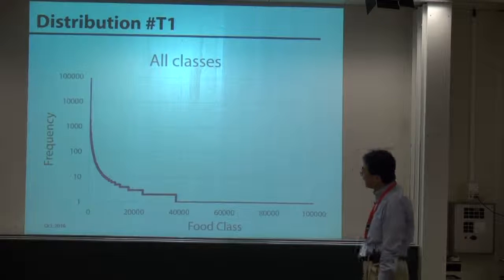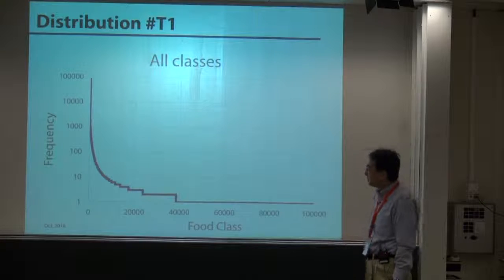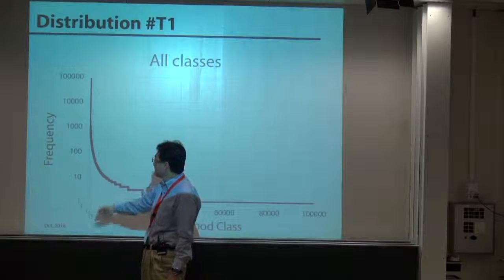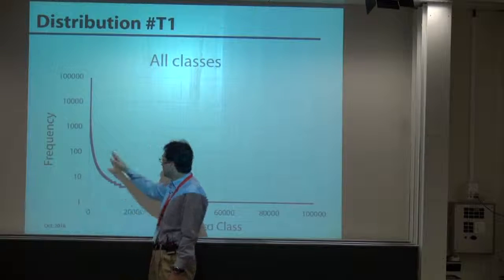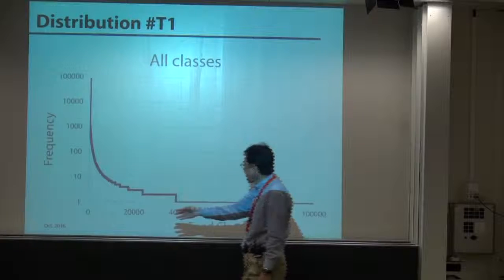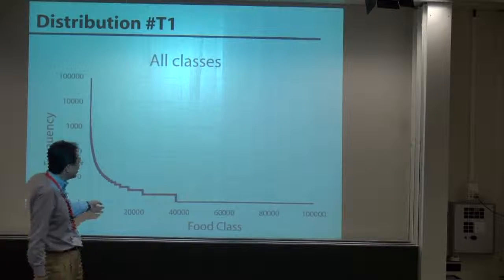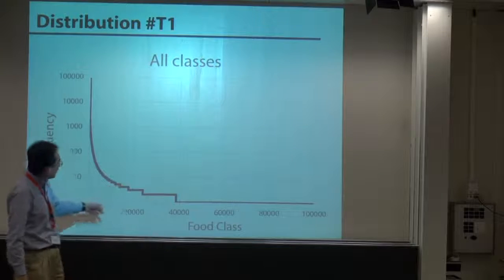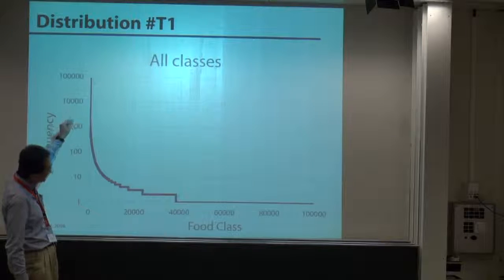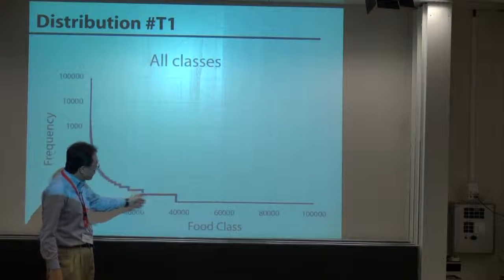Then let's look at the distribution. It's a very steep power law. You can see this is the frequency. We put it in frequency order, and the horizontal axis is the food class, 1 to 100,000. The most frequent one appears very frequently, but it gets smaller and smaller.